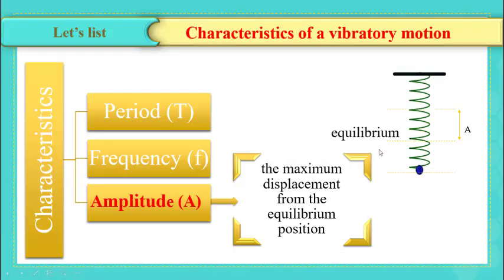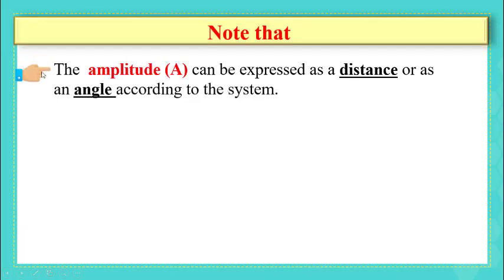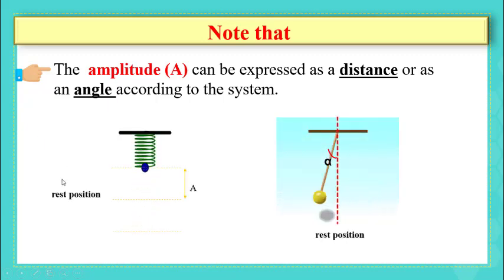This is the equilibrium position, and this is the amplitude. Note that the amplitude A can be expressed as a distance or as an angle according to the studied system. In this case, it is expressed as a distance, and in this case, it is expressed as an angle.